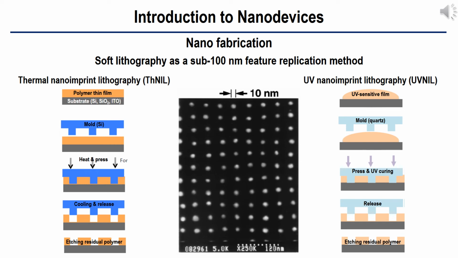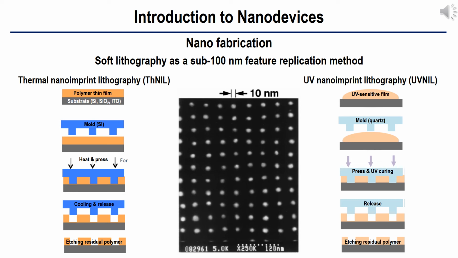The mold is usually in silicon, made using photo or e-beam lithography and with an anti-sticking coating. During the imprinting, apply heat and mechanical pressure. Next, cool down and separate the mold. Finally, etch the residual resist. Thermal nanoimprint lithography has a smaller resolution than photolithography, down to 20 nanometers.